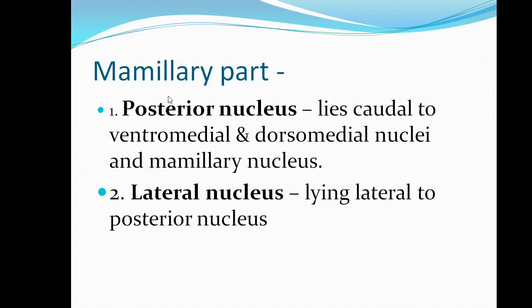Mammillary part, it includes two nuclei, mainly the posterior nucleus, which lies caudal to the ventromedial and dorsomedial nuclei, and the mammillary nucleus. And the lateral nucleus lies lateral to the posterior nucleus.